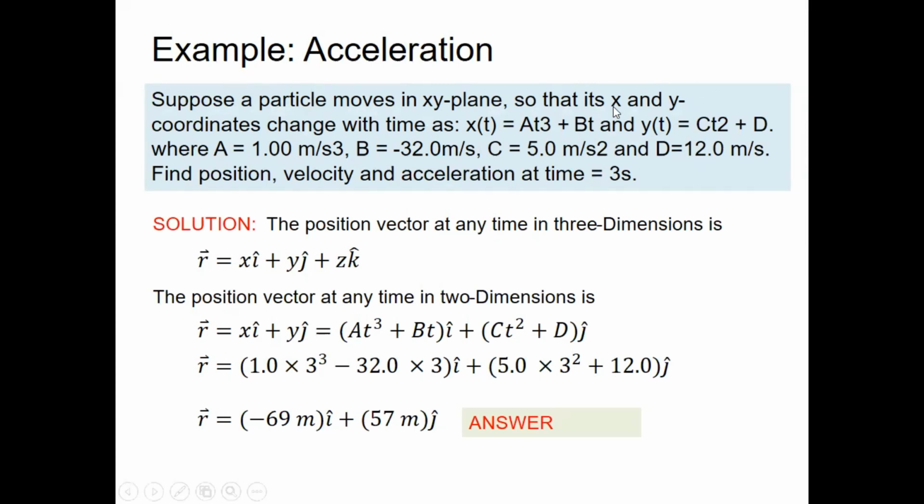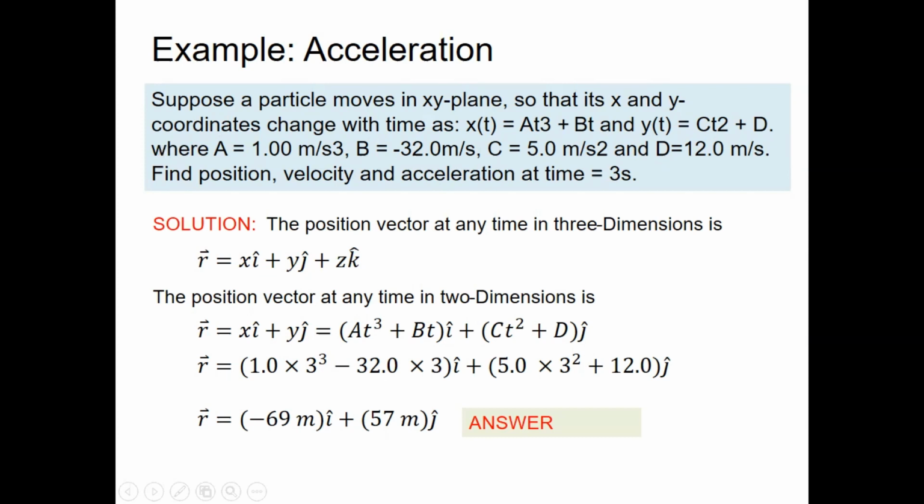As the question says, suppose a particle is moving in the xy plane so that its x and y coordinates are changing with time, and the behavior of the change is such that x as a function of time is equal to a times t to the power 3 plus b times t, and y as a function of time is given as c multiplied by t to the power 2 plus d. Here this must be a superscript, so that it is t cube and t square.